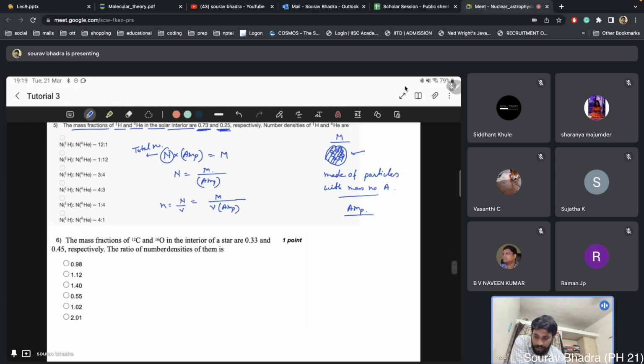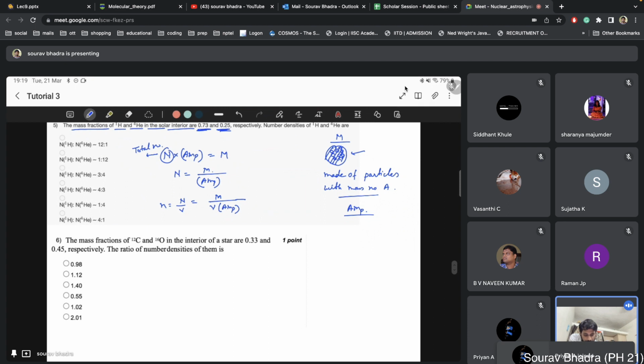If your volume is constant, then n will be proportional to M by A. For a constant volume, suppose there are two masses of constant volume, then n varies as M by A. So this is the thing.